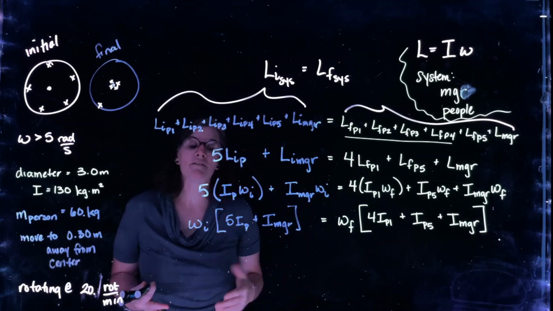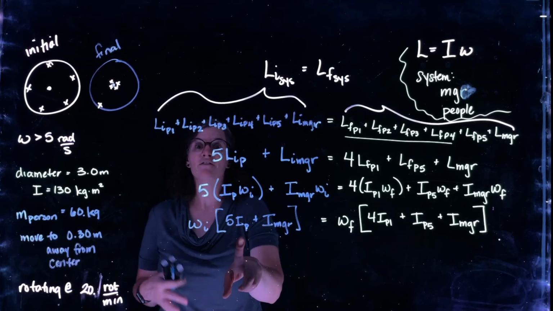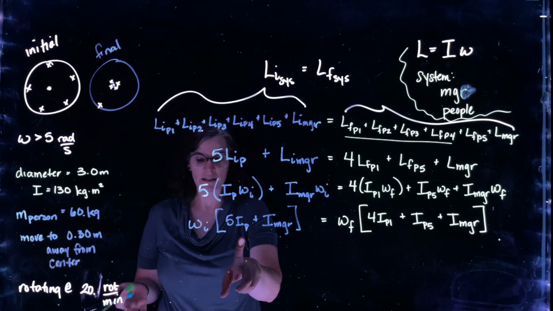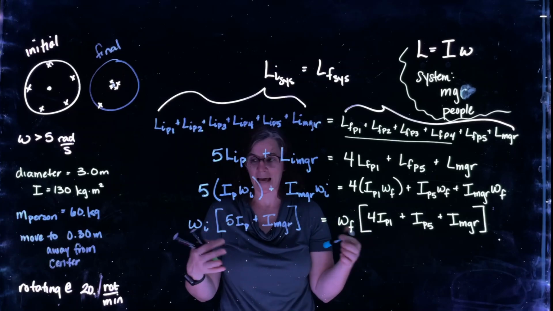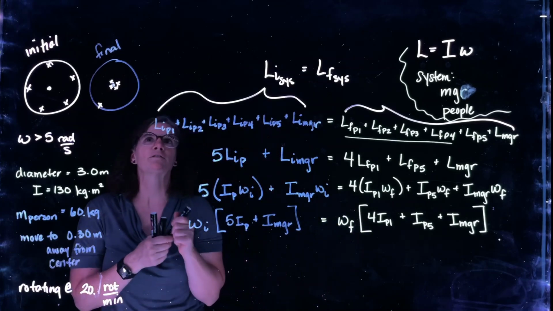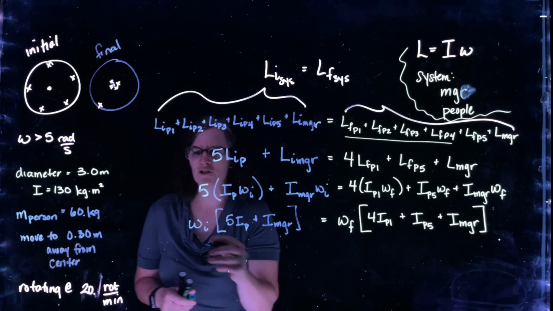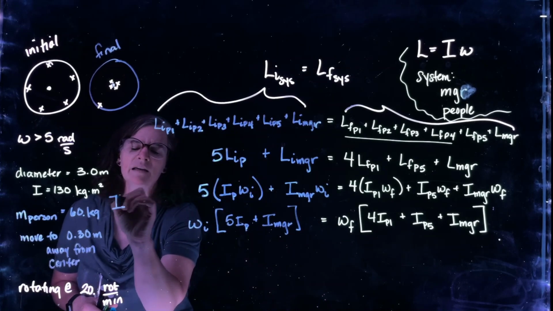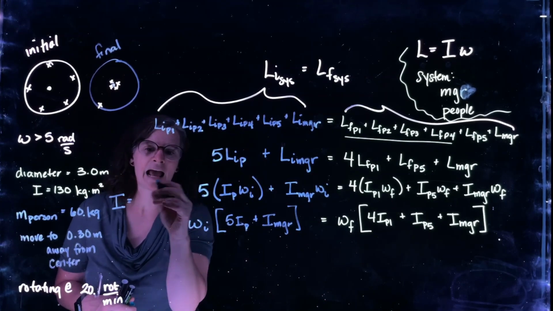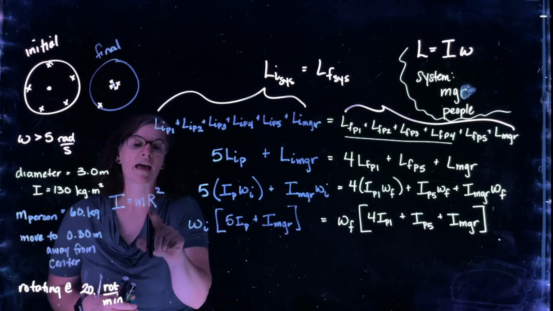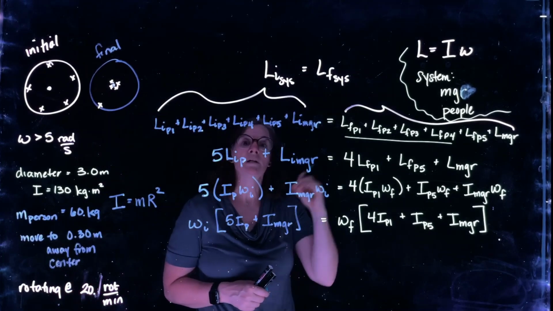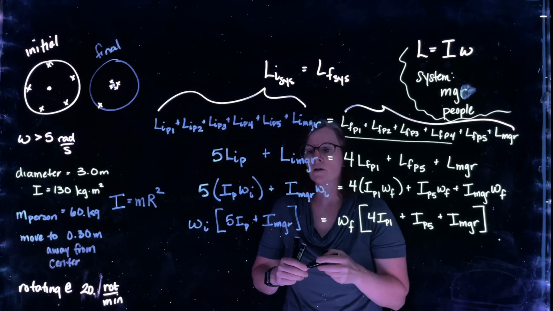All right, so how do I find the moment of inertia of a person in the initial condition? We want to keep in mind that we consider these point masses. The moment of inertia of a point mass about an axis is the mass times the radius squared, where that r is the distance to the axis of rotation.